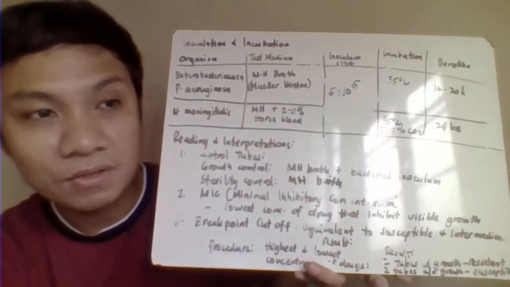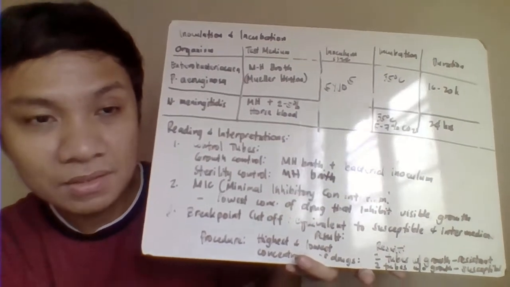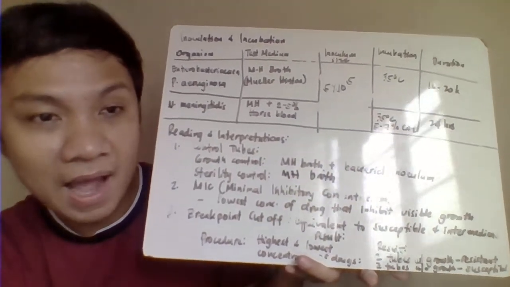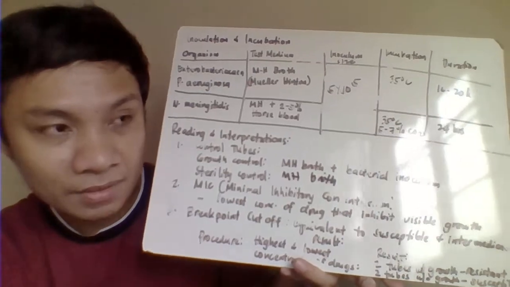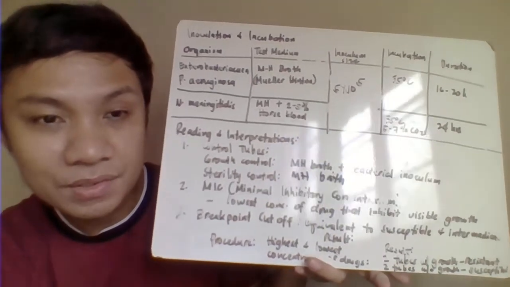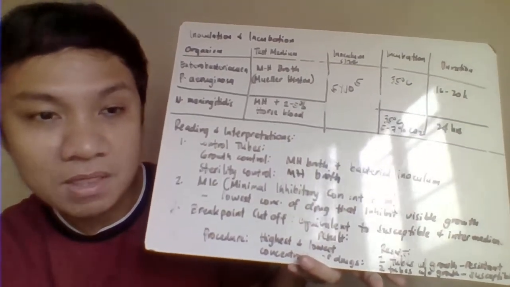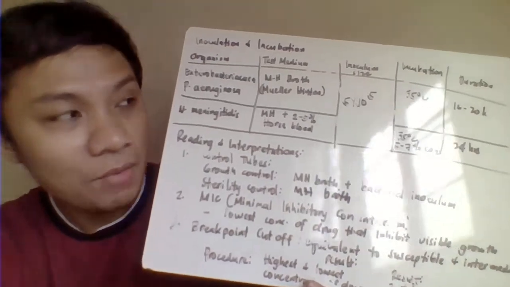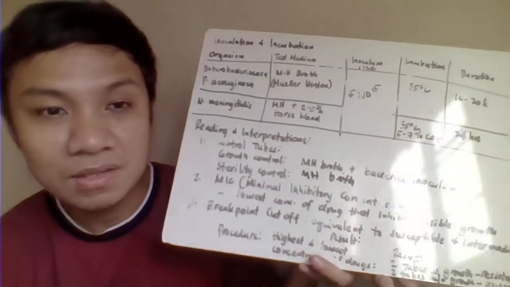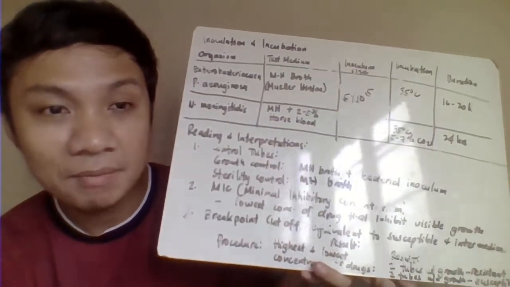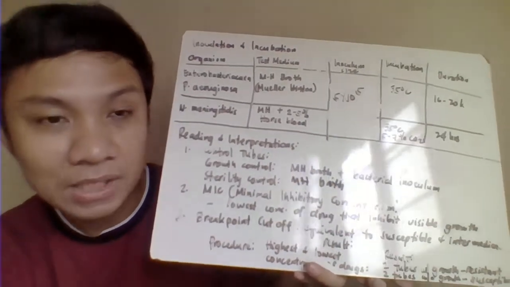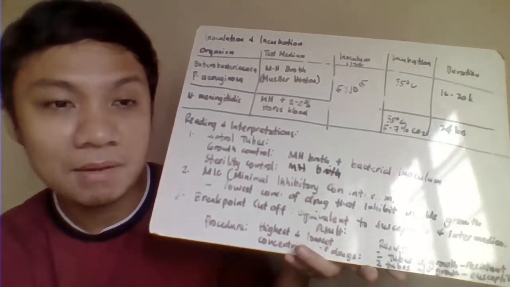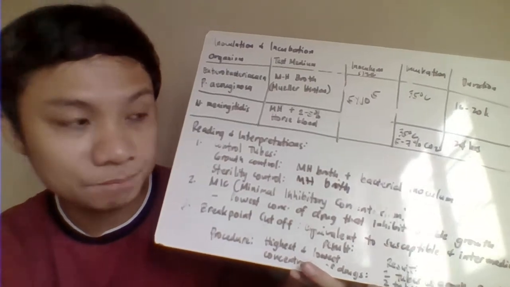It only try to suppress or inhibit the growth. So this is manifested here as the absence of growth. Again, this is the lowest concentration of the drug that try to inhibit the growth. Pag nag-incubate tayo, ang ino-observe natin na result dito ay pag may growth siya, magkakaroon ng turbidity, cloudiness. Pag walang growth, clear lang ang ating solution.